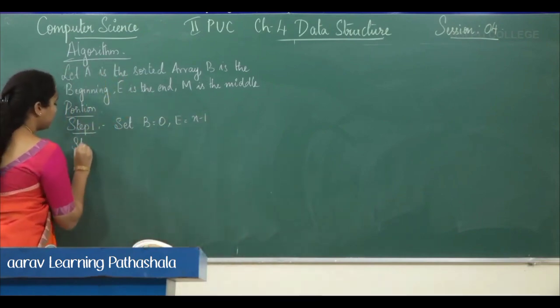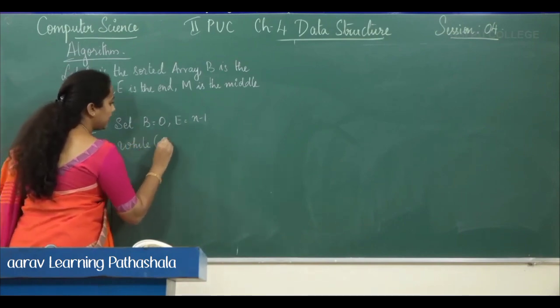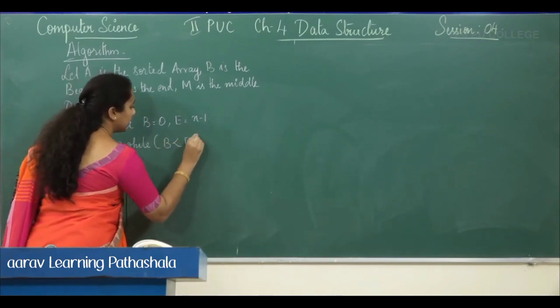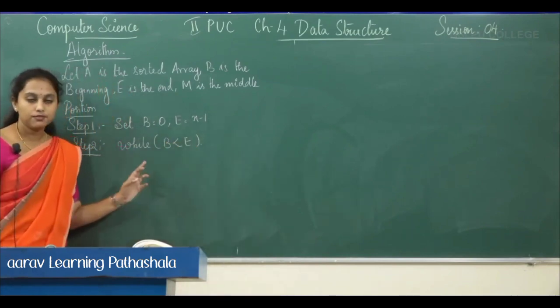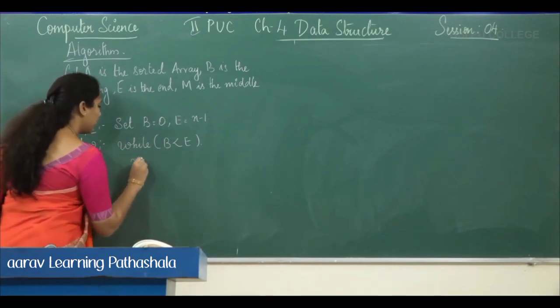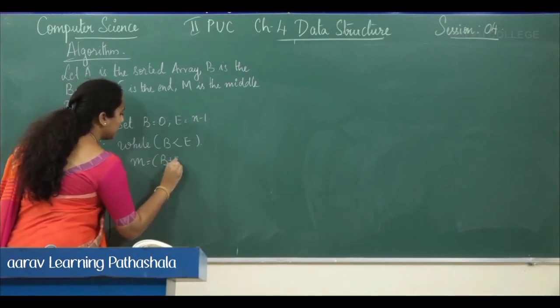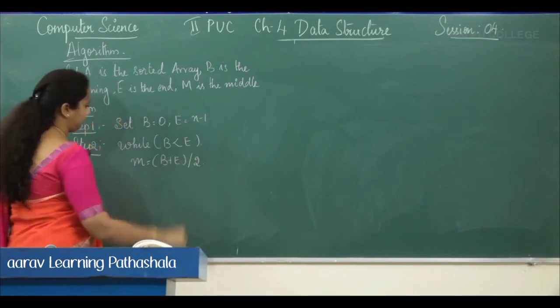In step 2, check while B is less than E, we have to find the middle element. So, M is equal to (B plus E) by 2.